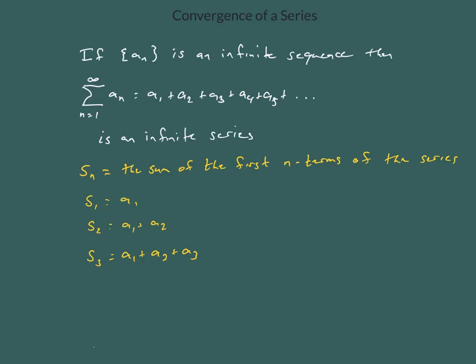These values of S1, S2, S3, and so forth are actually going to form a sequence, a sequence of partial sums. That particular sequence is going to converge or diverge. If this sequence of partial sums converges, then the series converges.